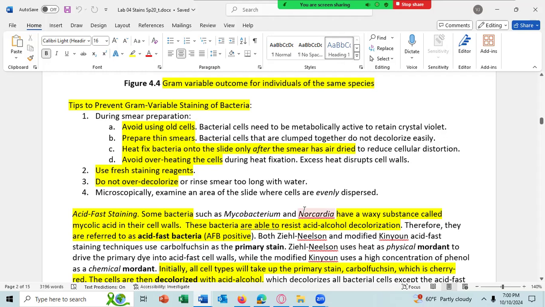They do have mycolic acid in them, but it's not as thick as in the Mycobacterium. These two cells also resist the acid alcohol decolorization of the acid fast stain. And so we call them acid fast positive bacteria, or AFB positive bacteria.